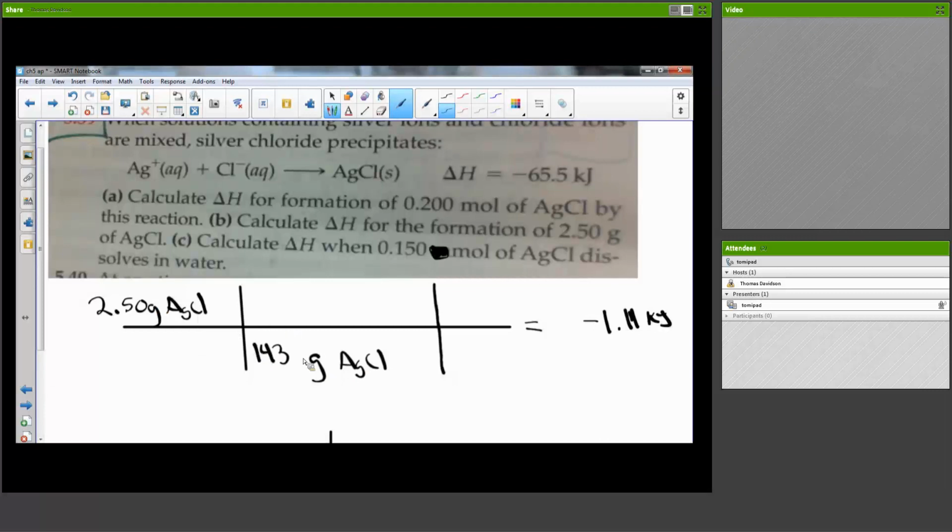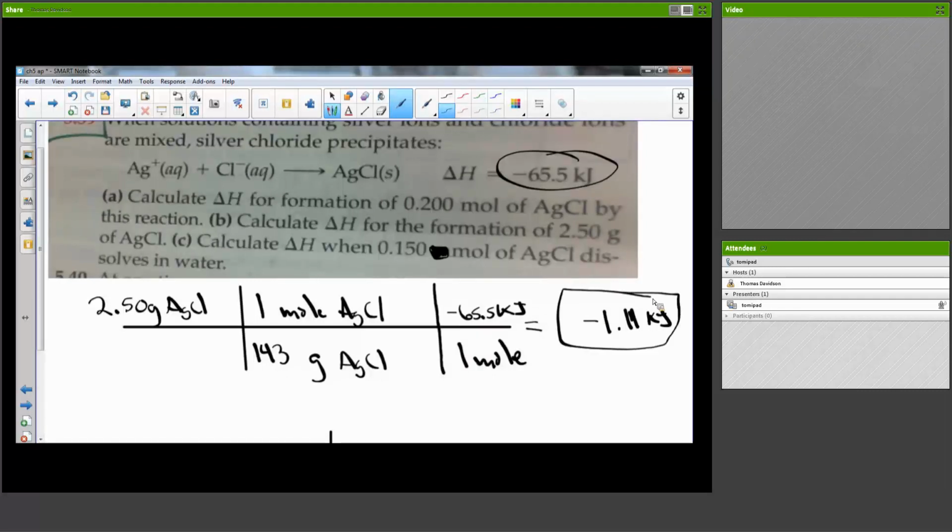And anytime we find the molar mass, it's per what? 1 mole of the same thing. Do I want mole in my answer? No, but I have a relationship right here that says for every this amount of kilojoules, I have that many moles. So 1 mole for every negative 65.5 kilojoules. Do the math, get this answer, and feel good that you can do hard things.